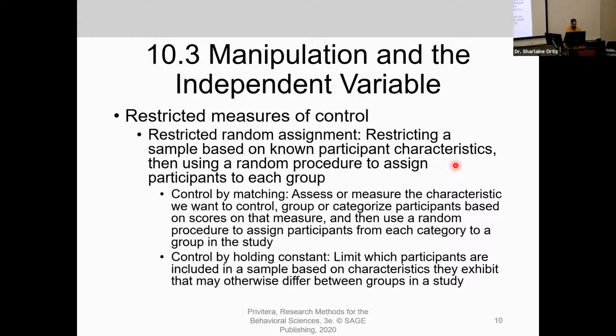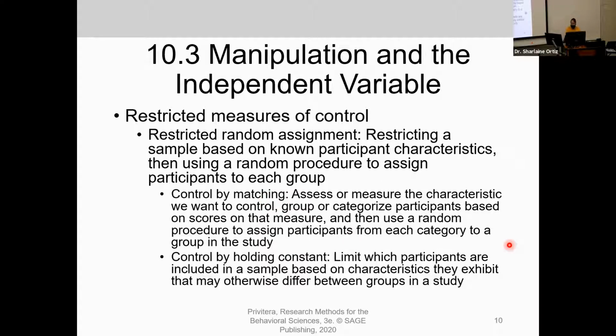Generally, what happens is that researchers can take steps to control the assignments by using restricted random assignment. Now, what do we mean by restricted random assignment? We are restricting that specific sample because of a known individual difference, because of a known characteristic. Notice that I could engage in control by matching.